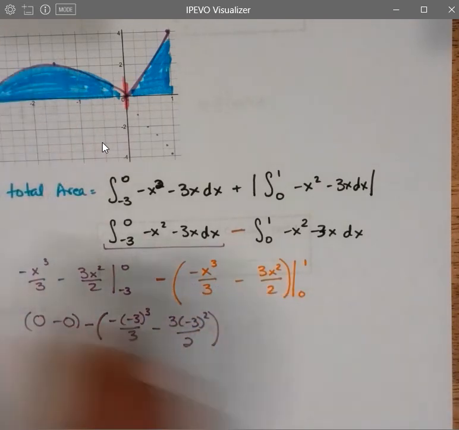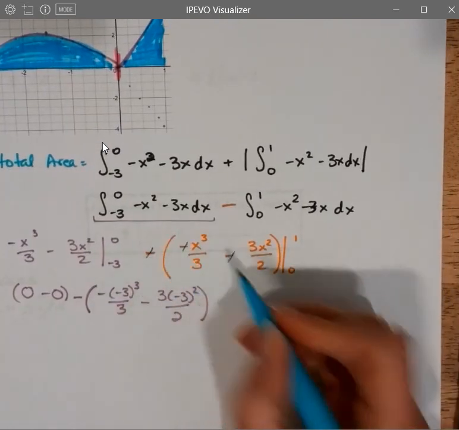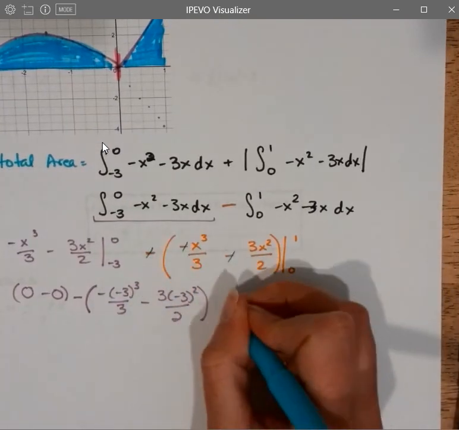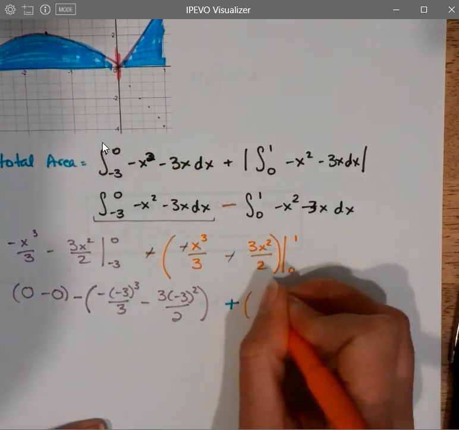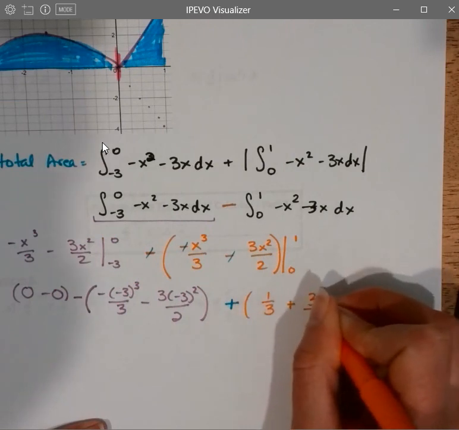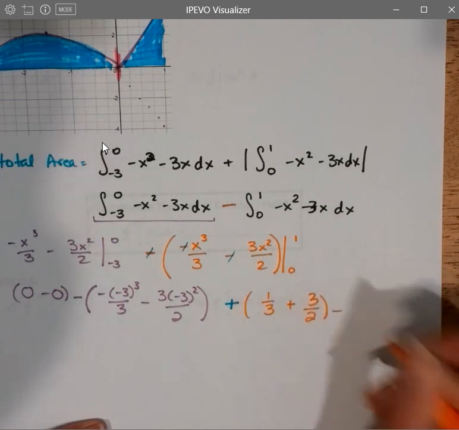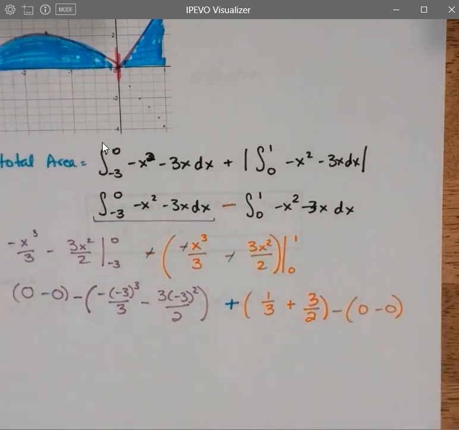Okay, now at this point I'm going to take these negatives and just go plus, right? Make it all plus, distribute that negative to say plus right here, and then we're going to have our 1 cubed over 3 plus 3 times 1 over 2 minus 0 minus 0 when I plug the zeros in. Okay.